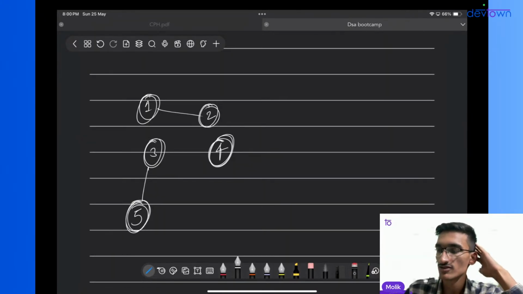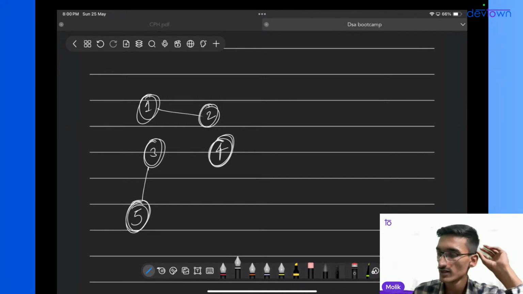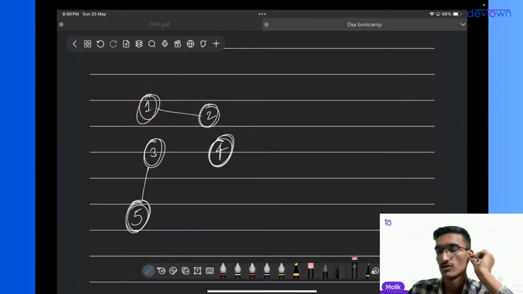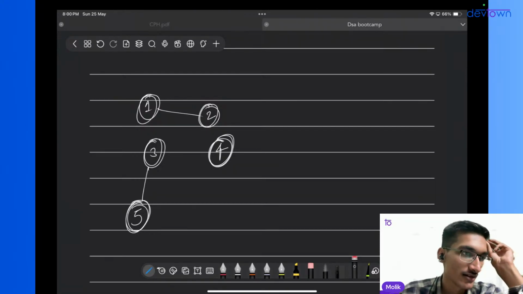If you go to a vertex which is not visited, call BFS. BFS will traverse every vertex of that component. So it's essentially how many times you call BFS on a non-visited node.